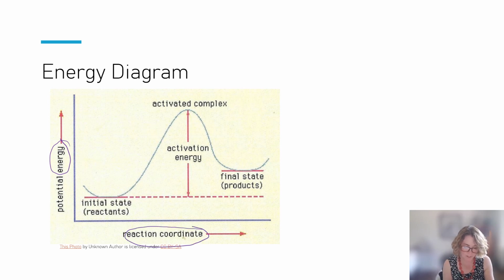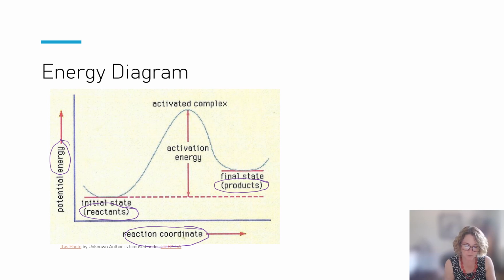And then we have the reaction coordinate here. So the reaction coordinate is essentially the progression of the reaction. We always have our reactants at a given energy, and then we always have our products at a given energy. And we'll talk about how to interpret that difference between your starting energy and your final energy.